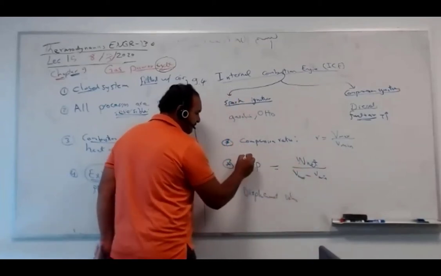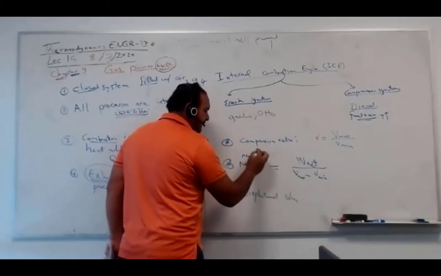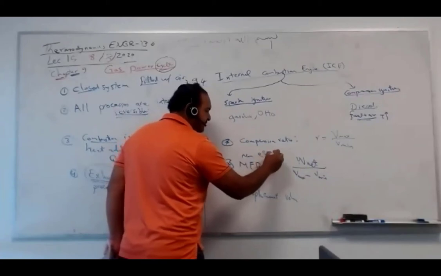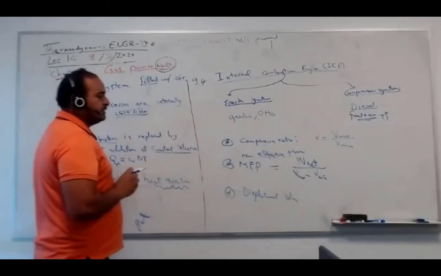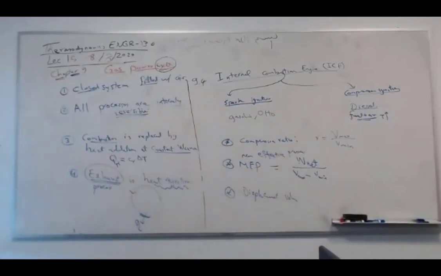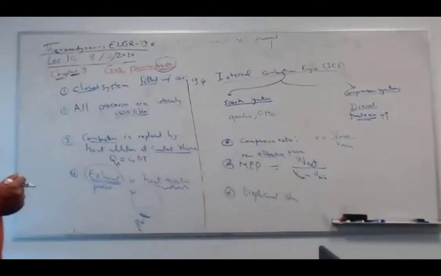This is mean effective pressure, MEP, something important. So when I ask you a question in the problem, I will not ask you for the power or the work. I will ask you MEP. I will not ask you for Vmax or Vmin. I will ask you the compression ratio, or I give it to you as input in the problem.